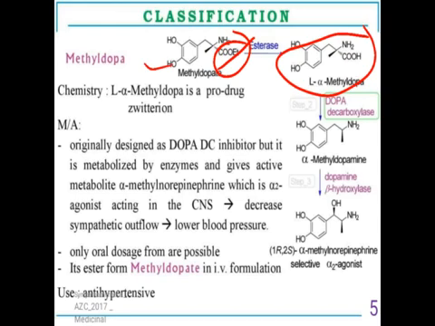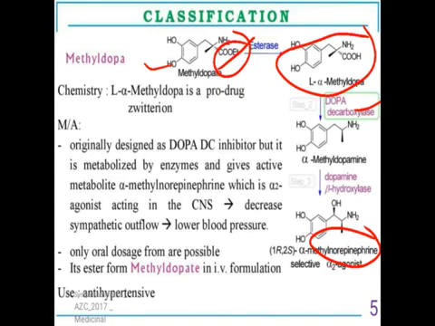So this L-alpha-methyldopa undergoes decarboxylation by the enzyme dopamine decarboxylase, and it produces alpha-methyldopamine. And then this alpha-methyldopamine, on hydroxylation, converts into alpha-methylnorepinephrine.